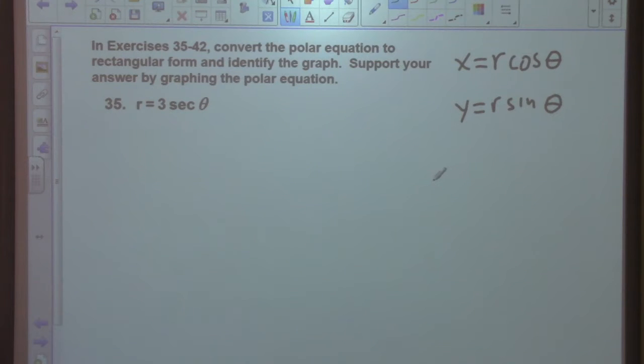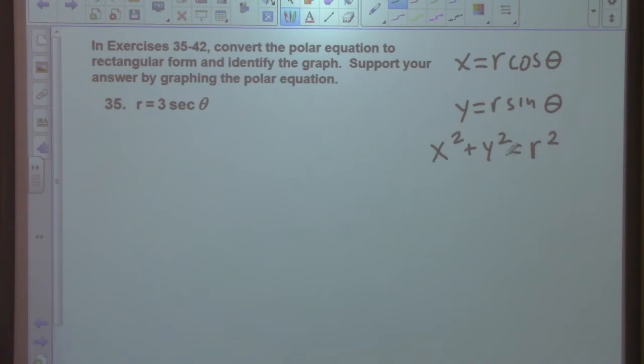And then here's one that I know you're not exactly ready for, but I'll tell you what it is. It's this one here: x squared plus y squared equals r squared. You ever seen that before? No, I'll tell you what this is. This is the basic equation for a circle.